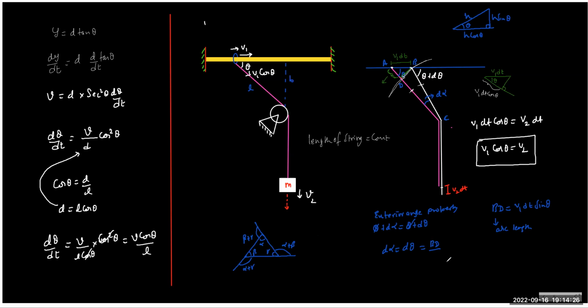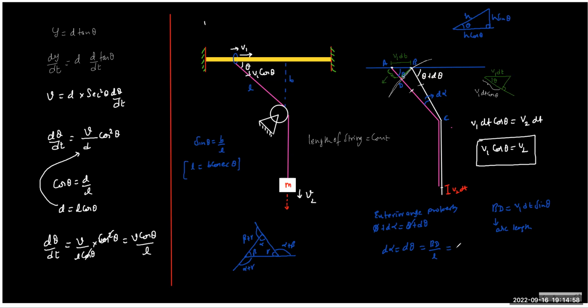So anyway, we can find the radius as L, and we can write L in terms of B, right? So what is the relationship between L, B, theta? Sin theta. Very good. So sin theta is B by L. So I can write L equals B cosec theta.